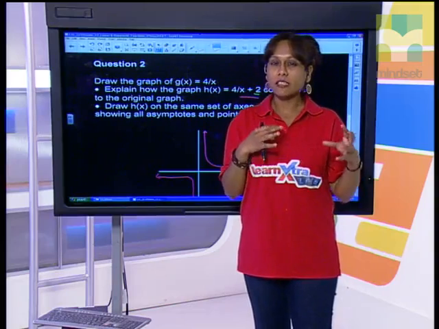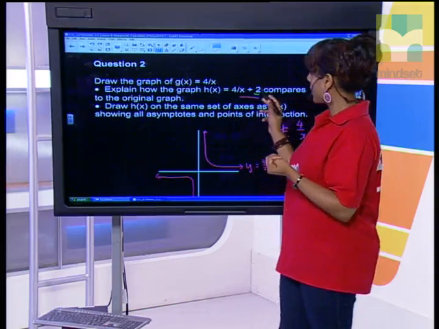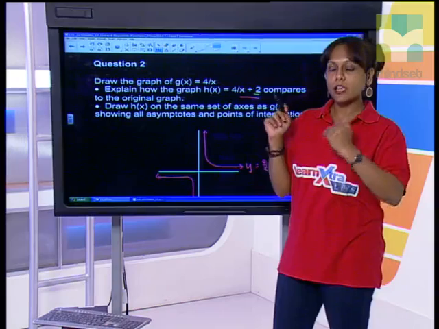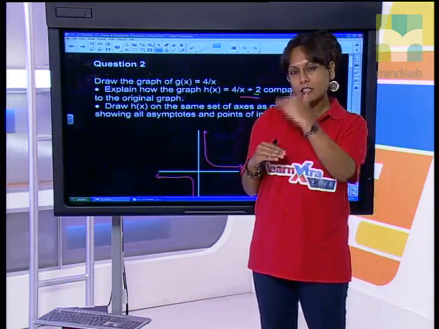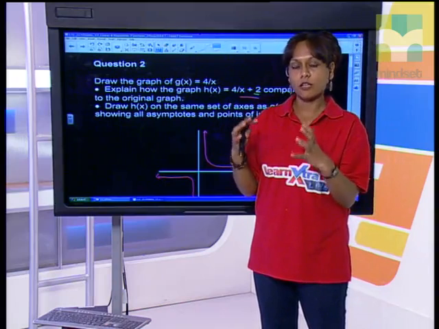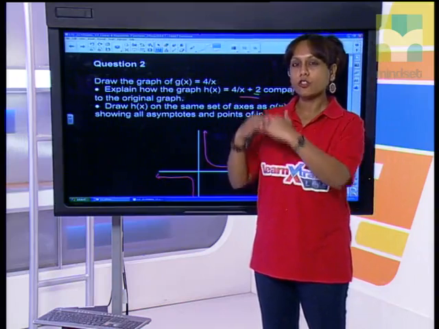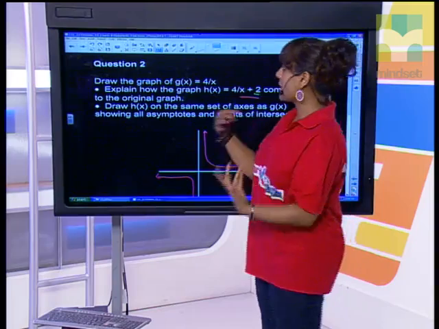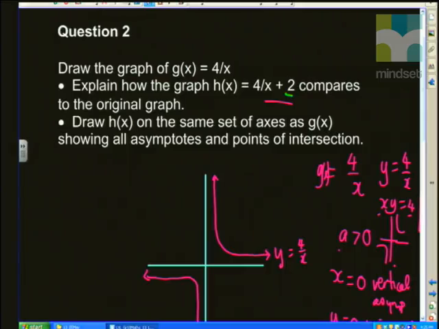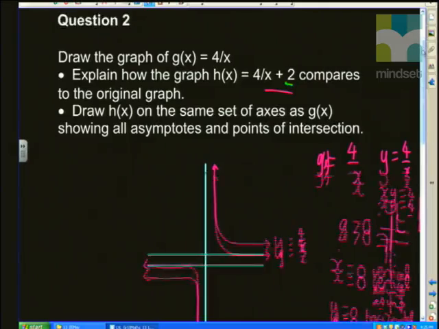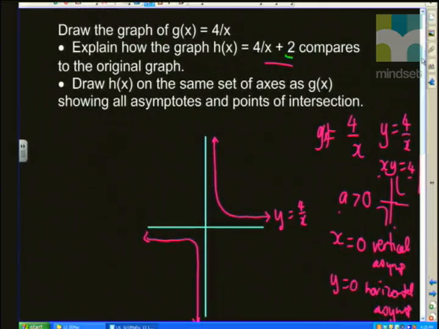In this case, because q is positive 2, our graph is going to move 2 units up. So it's a vertical movement of the original hyperbola, moving vertically upwards by 2 units. That's the graph of h of x.